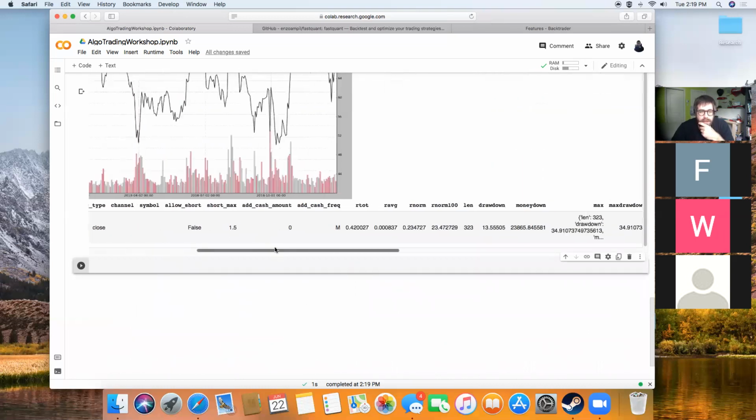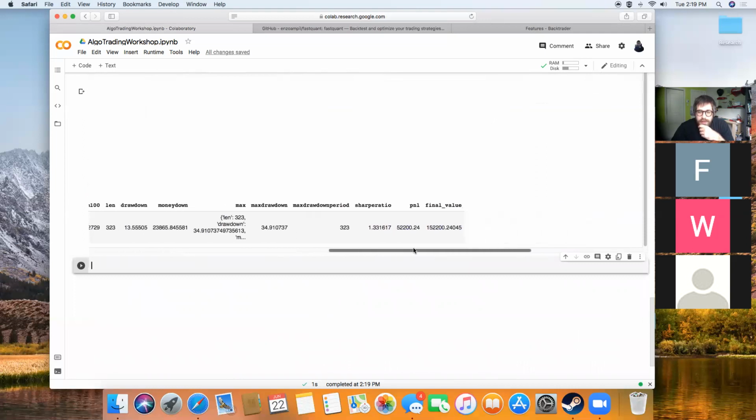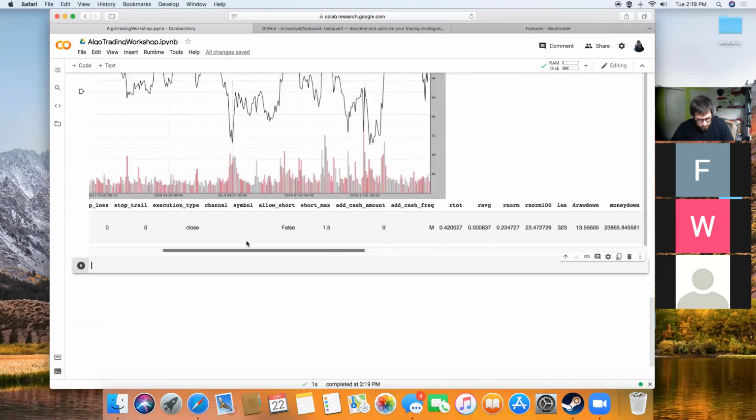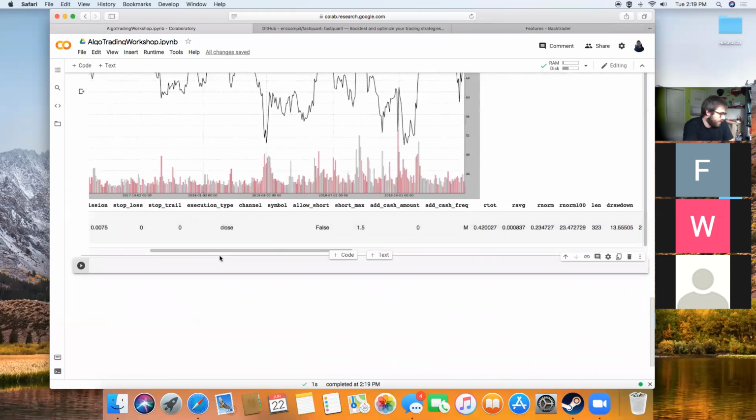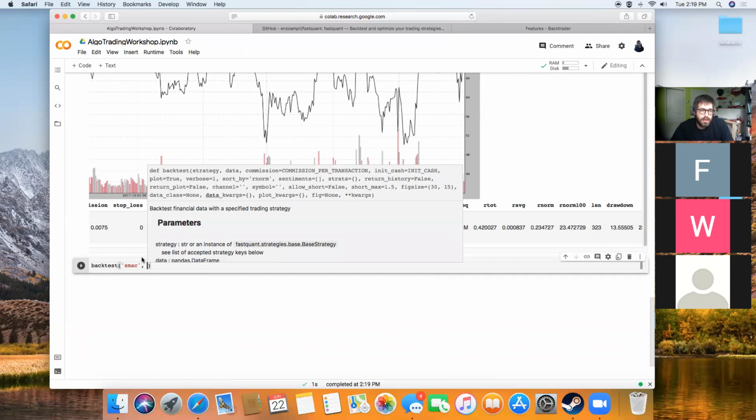Okay, and I think this is a table summary at the end with all the values. Okay. So let's do another one just to test the other. So there's one strategy also implemented, which is the simple moving average crossover, I believe. So it basically does two moving averages, one upper and one lower, and whenever there's a crossover, it either sells or buys.